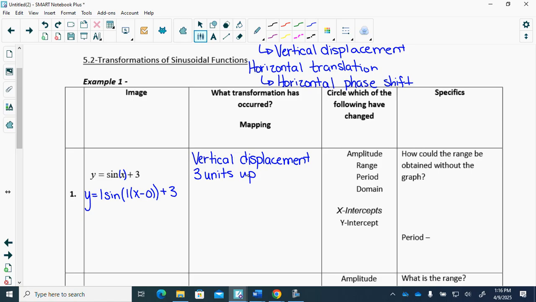Okay, mapping. Mapping is xy becomes x what? Mapping and words are the same, right? So if we're going up 3, we have to plus 3.